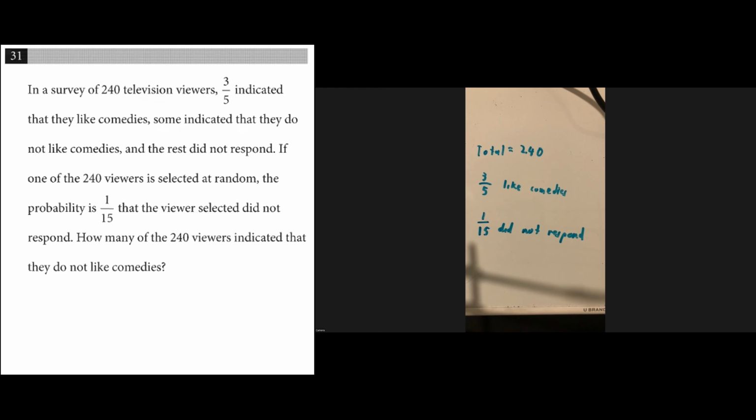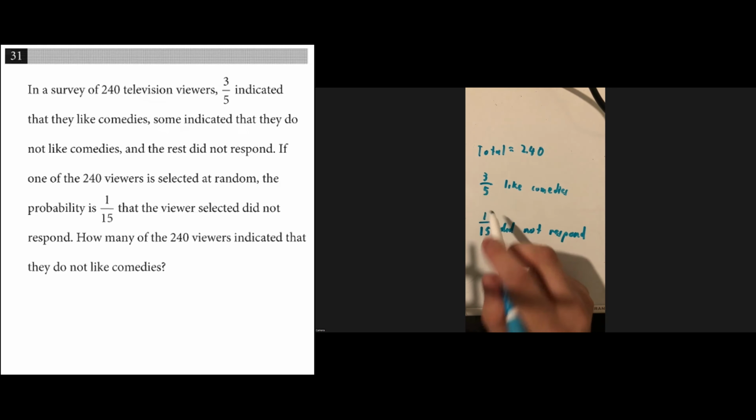Okay, so for this one, we're given that in total, they took a survey of 240 people, 3/5 liked comedies, and 1/15 of the people didn't respond. How many indicated that they do not like comedies? And so for this, we just have to find a way to turn this into the common denominator.